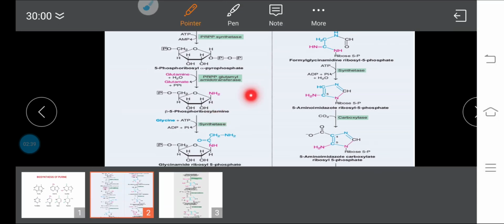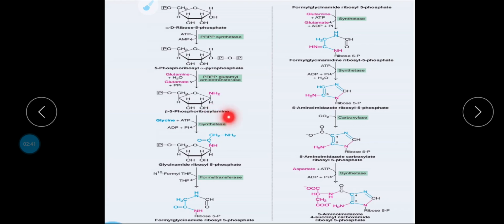5-phosphoribosylamine. Here you can see ribosylamine, means this pyrophosphate group is detached or removed from here and the amino group is attached here. And this amino group comes from glutamine. So wherever for the synthesis of this purine nucleotide amino group is required, it will come from glutamine amino acid.